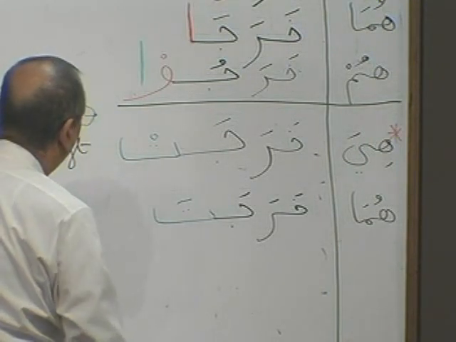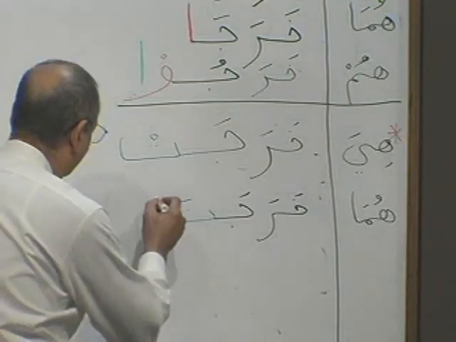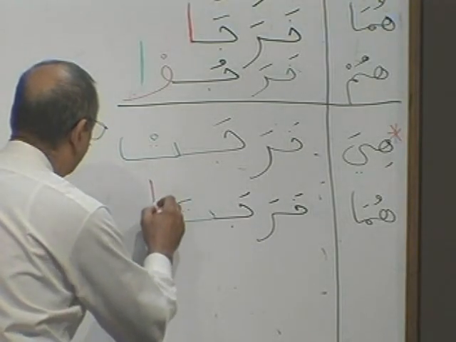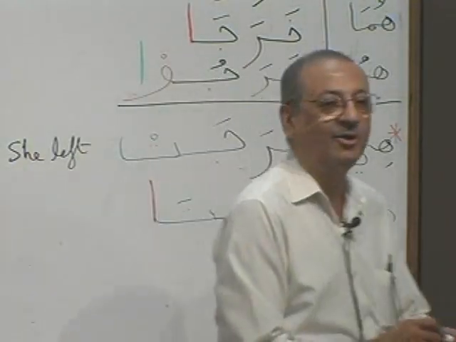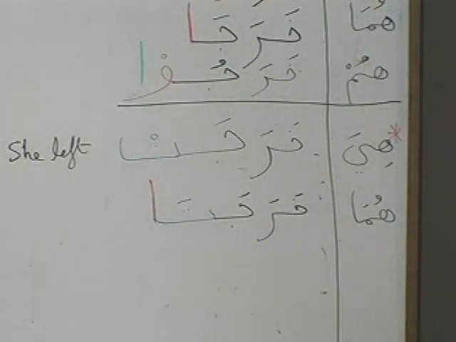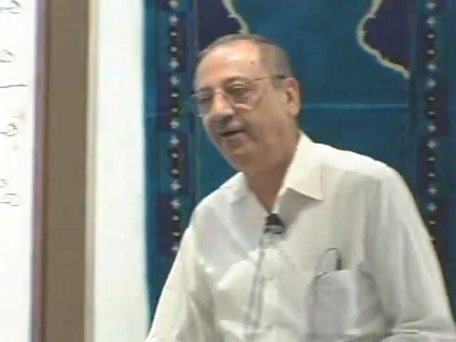And then I will put alif. Are you with me, brothers and sisters? I'll put alif. Where is the fa'il? Alif. Because I'm writing it in red. Where is the fa'il? Alif. I'm deliberately writing in red. Okay? Fa'il is alif. Are you with me? So, define the whole thing.